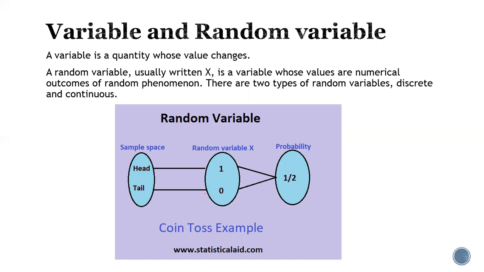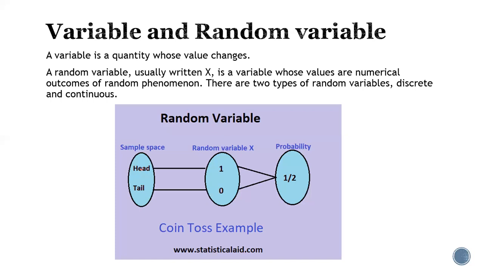If you look at this diagram, from sample space, we're gonna get random variable X. In this case, that is a sample space of when you toss a coin.